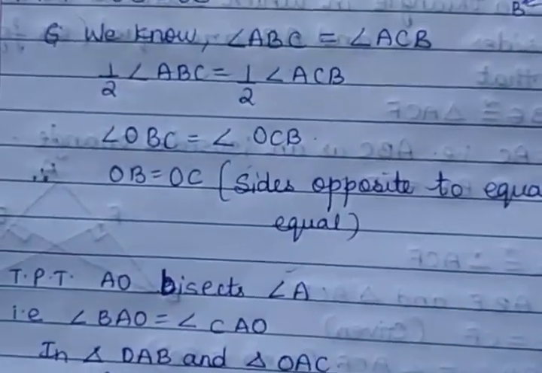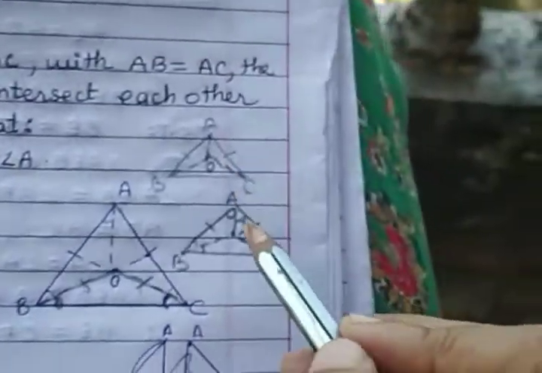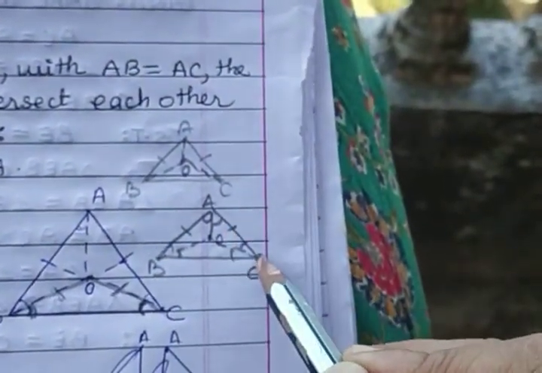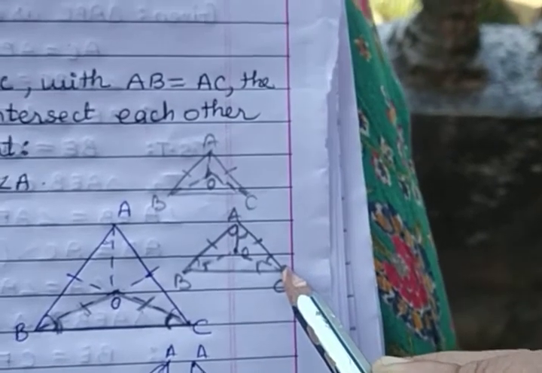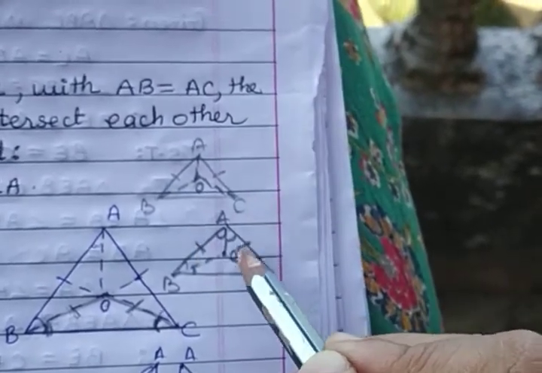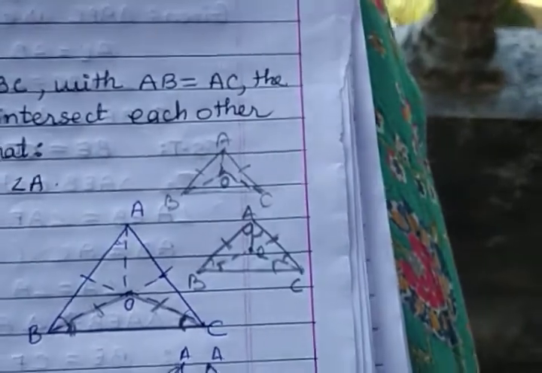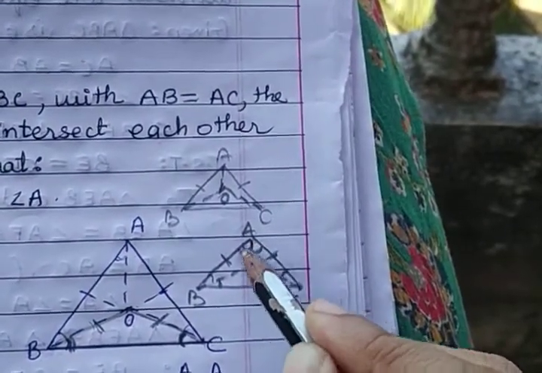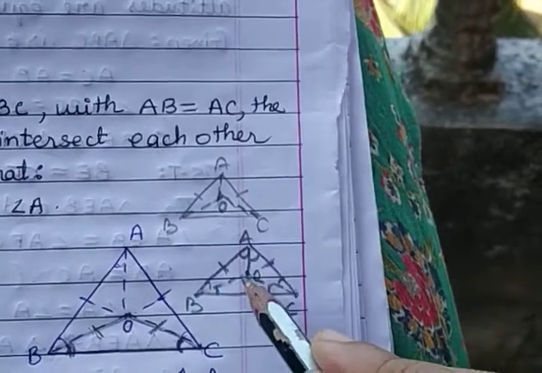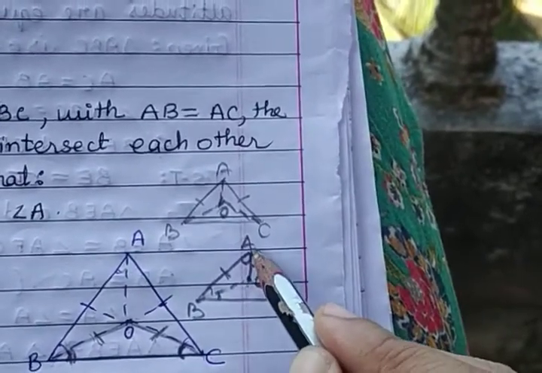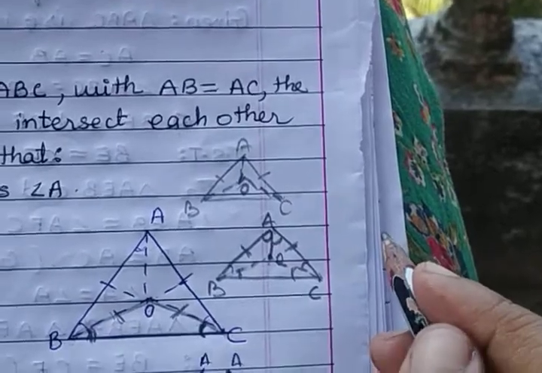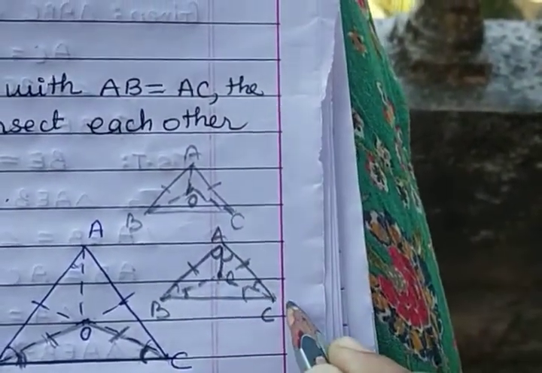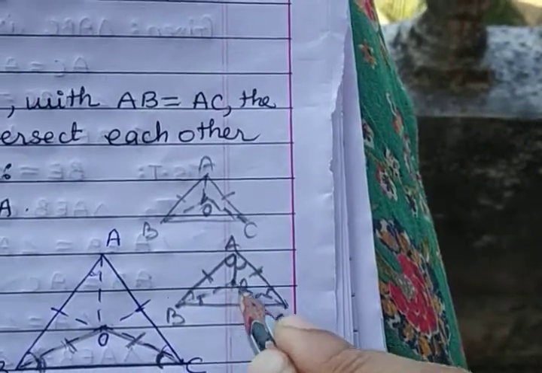So in triangle OAB and triangle OAC, which are the three conditions you get? AB is already given to be equal to AC, correct? Next you have OA and OA, which is the common side to both the triangles. So OA is equal to OA. Which will be the third side? Third is, we have already proved that OB is equal to OC, right? So this side is equal to this side.